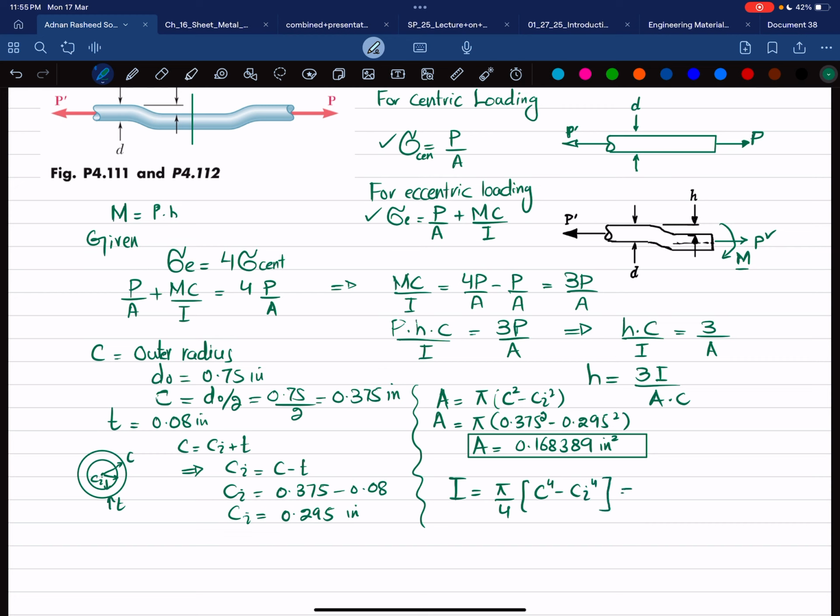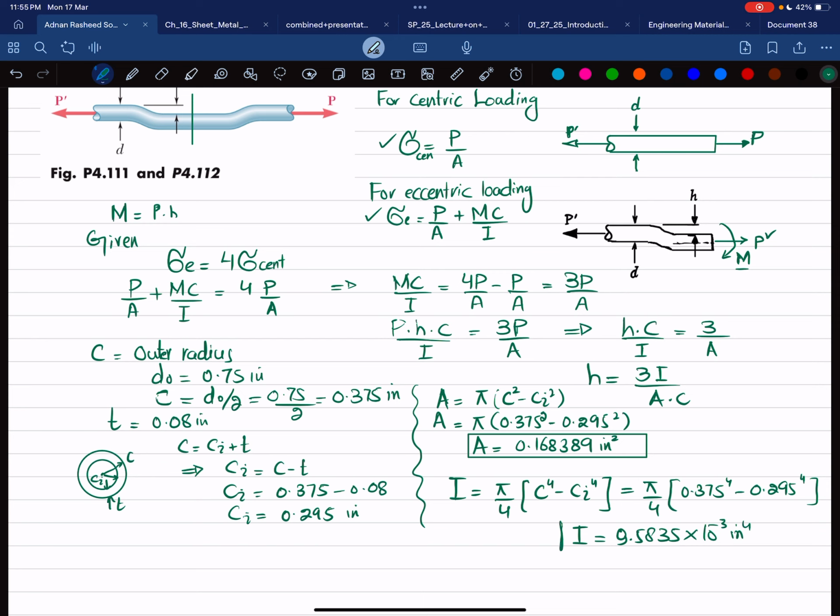So pi by 4 multiplied by 0.375 power 4 minus 0.295 power 4. When you calculate it, you will get I equal to 9.5835 into 10 raised to power minus 3 inch power 4.